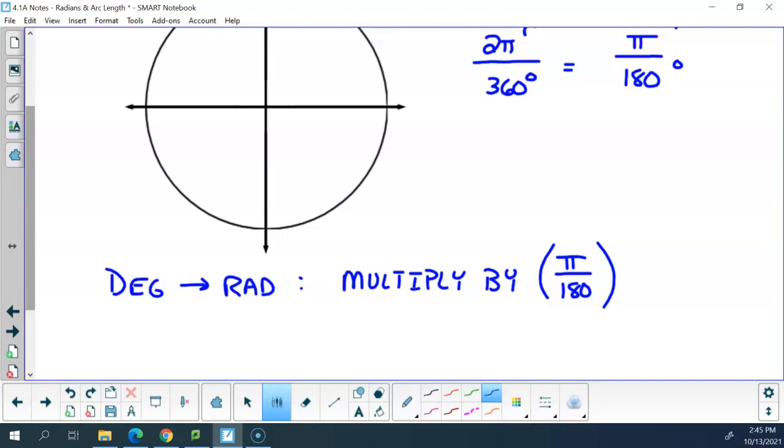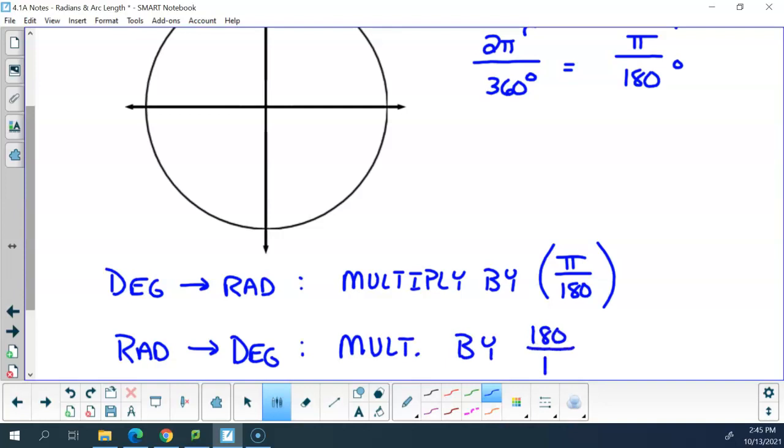If I am converting from radians to degrees, you are then going to multiply by 180 over pi, because that would cancel out the radians.